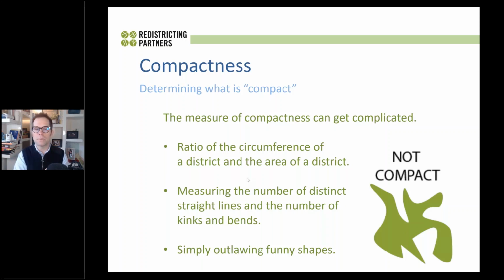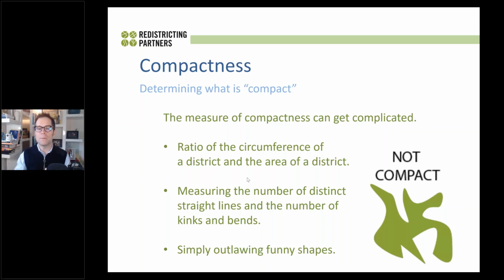There are also cases where they define compactness as something as simple as outlawing funny shapes. I think it might be Idaho that has language in their state law that says districts can't be drawn as funny shapes. And that's kind of up to the eye of whoever's drawing those lines. But in California, we don't use these kinds of definitions.